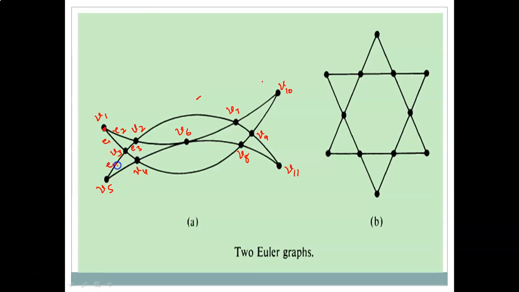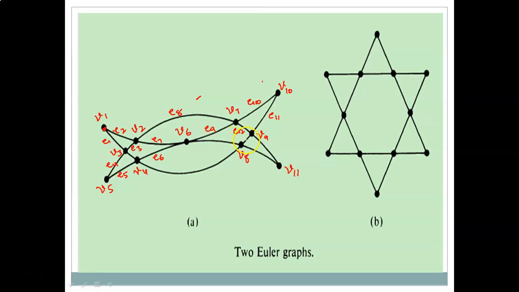You can say this is E4, E5. I can say this is E6, E7, and let this be E8, E9, E10, E11, E12 that join these two vertices.